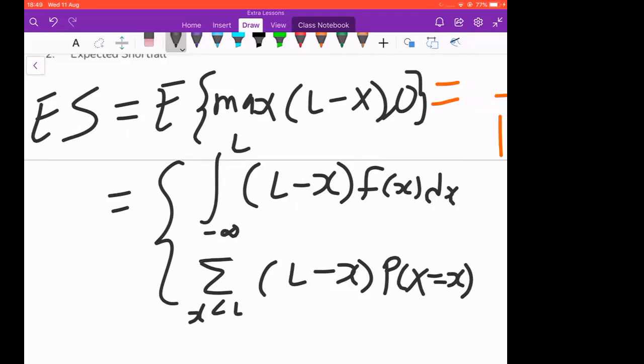I have question papers from 2010 to 2014 and 2019 to 2020. I can't find a question on expected tail loss, but I did find a question on shortfall, which we did already.